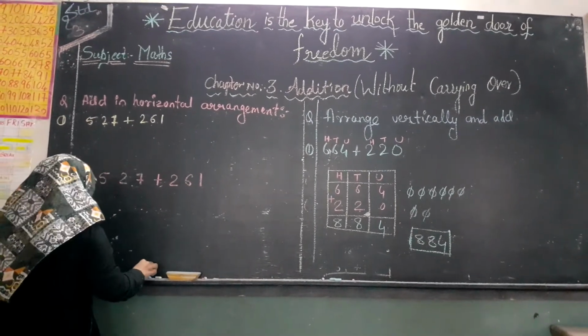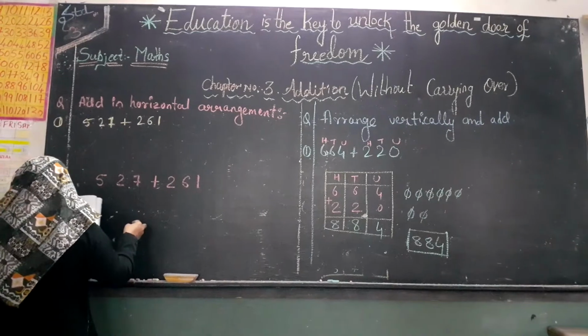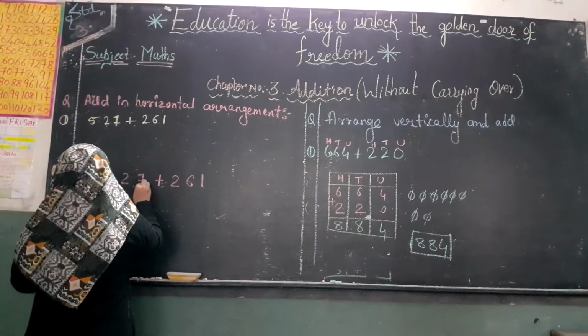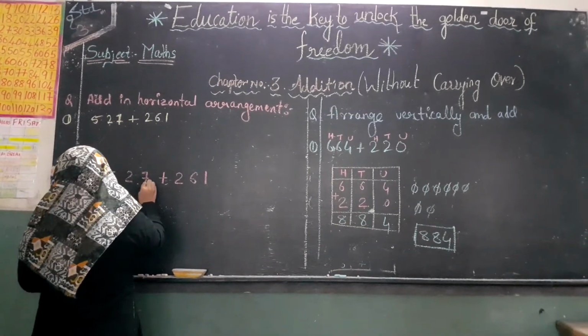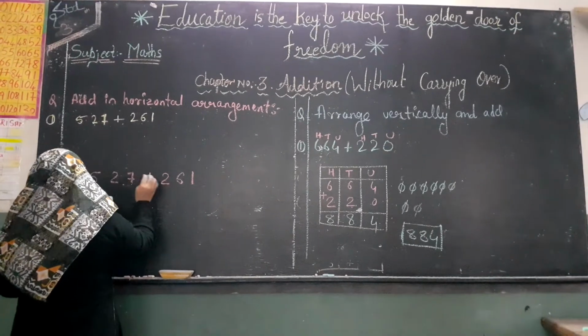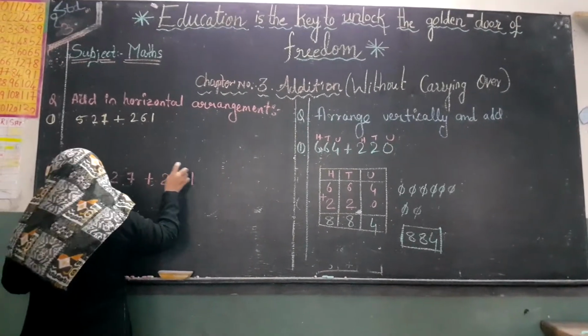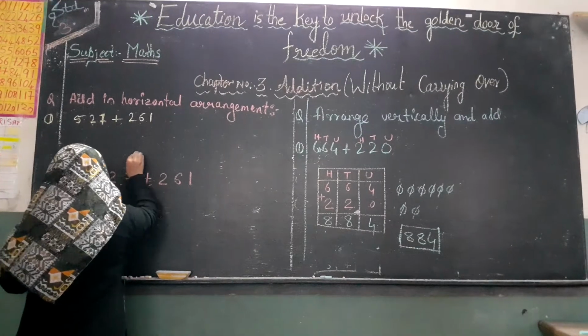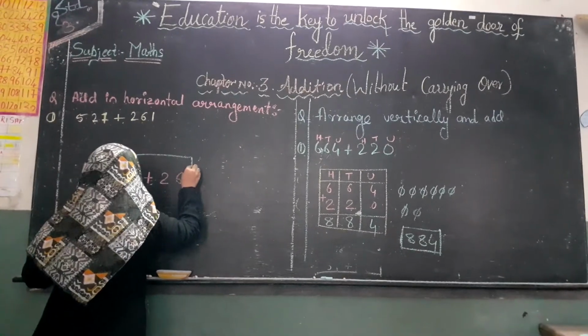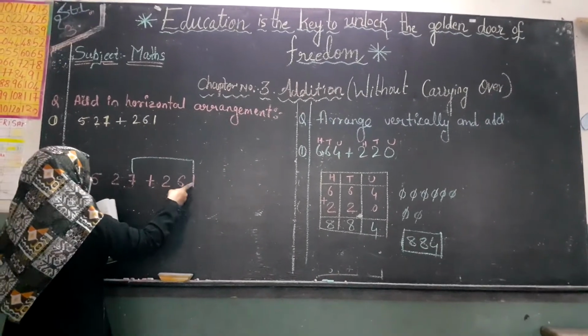Okay. Now we have to do 7 plus 1, from this last number till this last number.